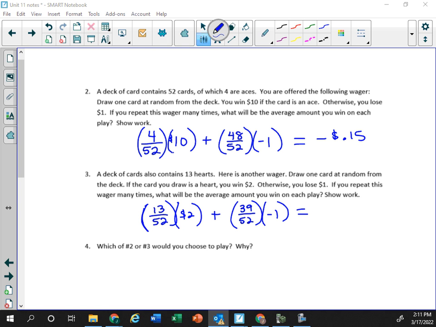What are we winning or losing this time? Try keying it in again. Oh, okay. That explains it. All right. So I get that you're losing a quarter every time.